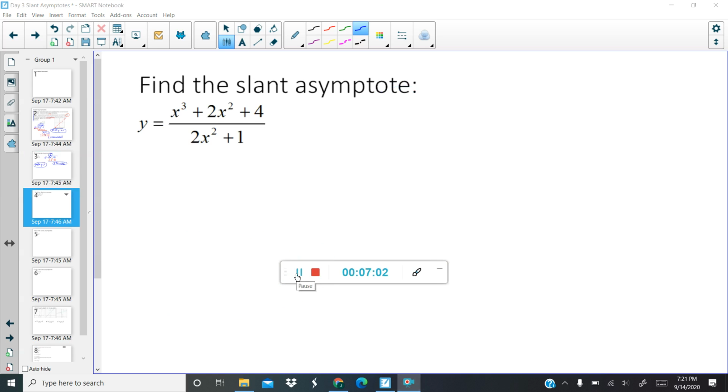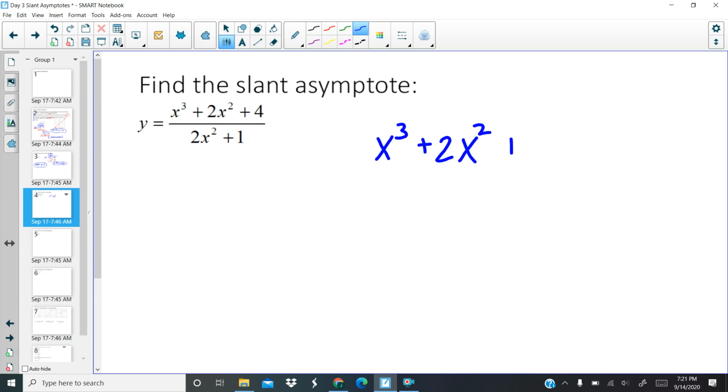Okay, and then here is my last example, which I think is probably going to be a little bit more tricky than my ones before. But we have x cubed plus 2x squared plus 4, and it's going to be divided by 2x squared plus 1.